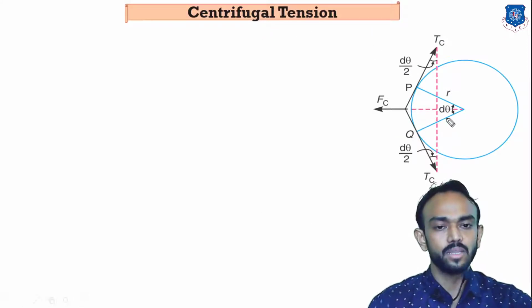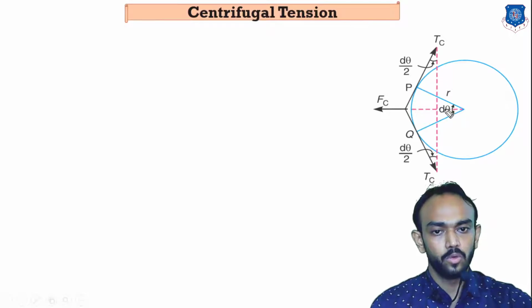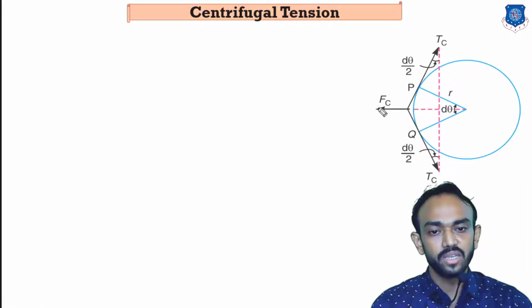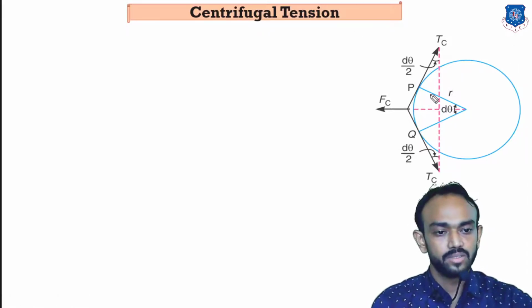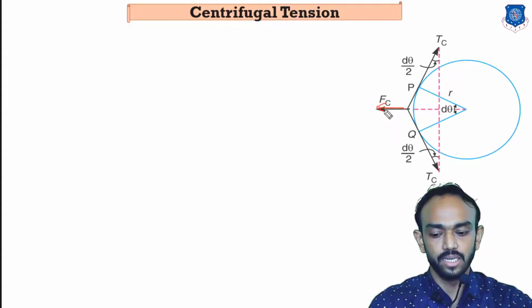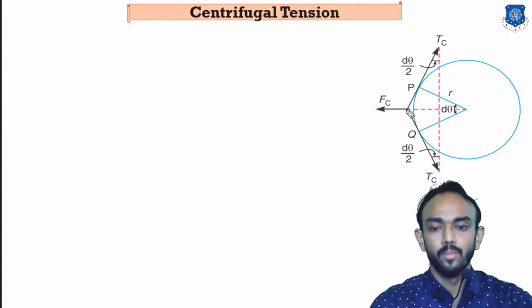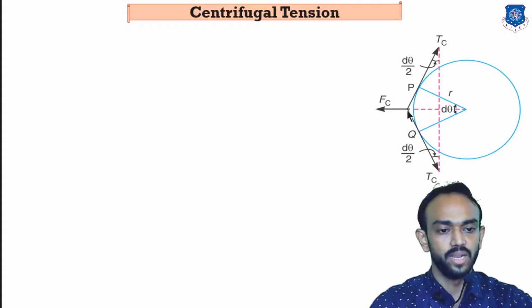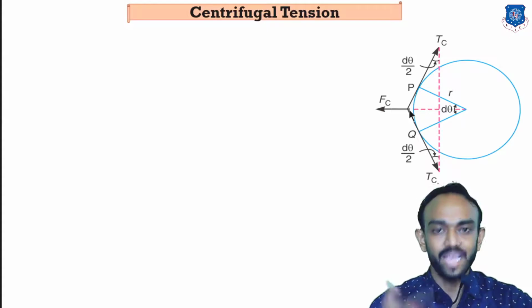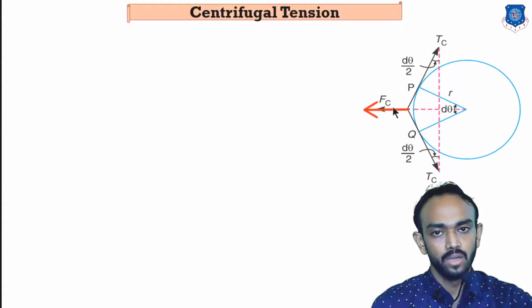So far we have ignored the mass of the belt. If you consider the mass of the belt, some mass will be there, and due to the high RPM, the motion, the centrifugal force of this mass will be in the outward direction.